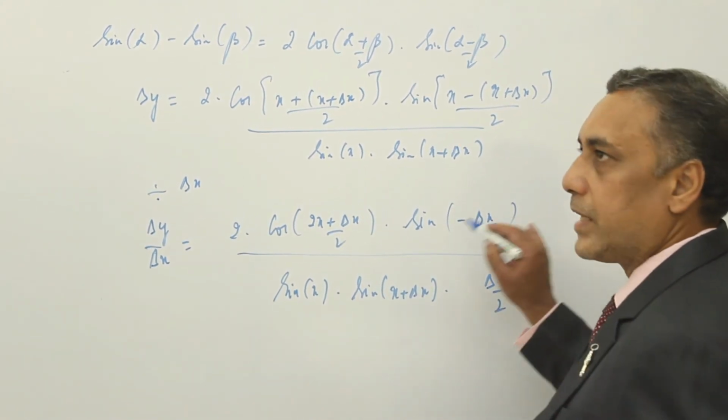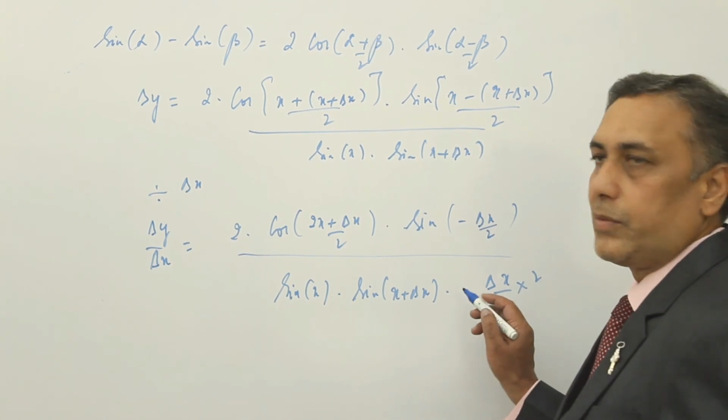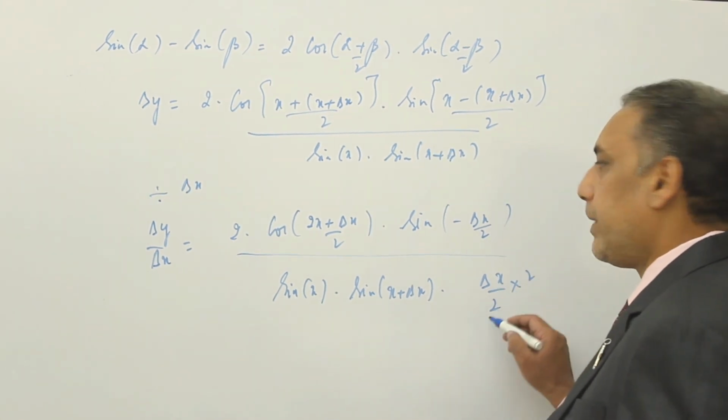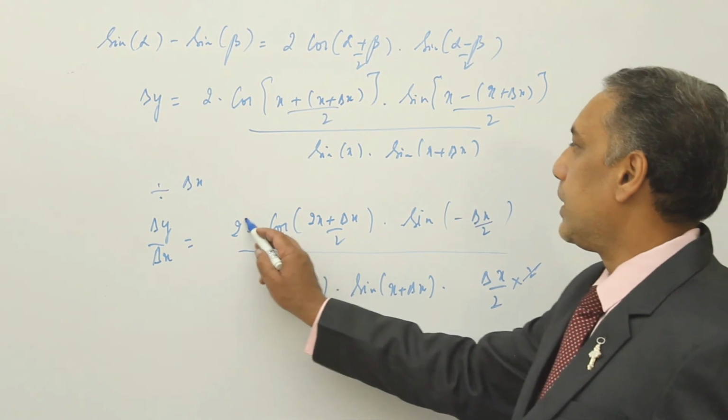So that it matches sine theta by theta as theta tends to 0 being 1, I am multiplying and dividing by 2. This 2 and this 2 I cancel.